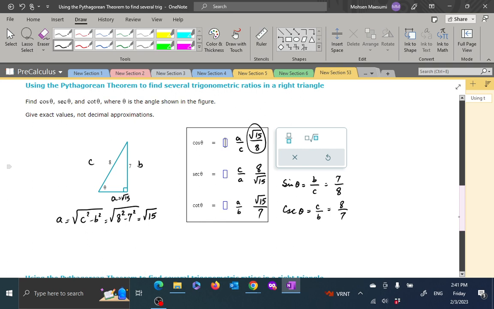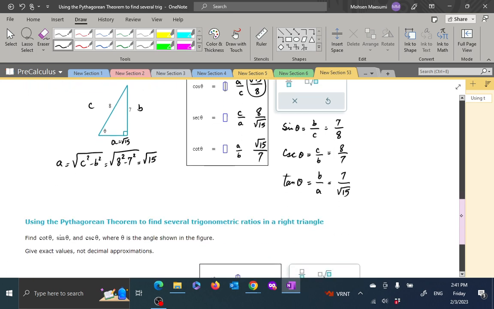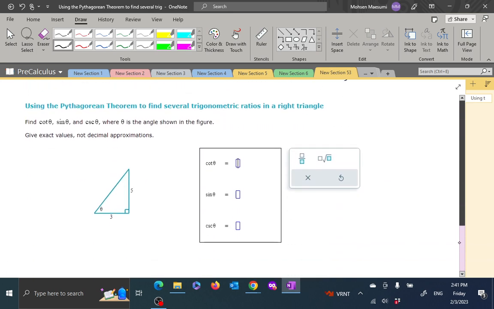And what is left? We have left tangent. Tangent of theta is a ratio of opposite over adjacent, and that's going to be 7 over square root of 15, which is the reciprocal of cotangent, of course, and so on. These are pretty much all the same.